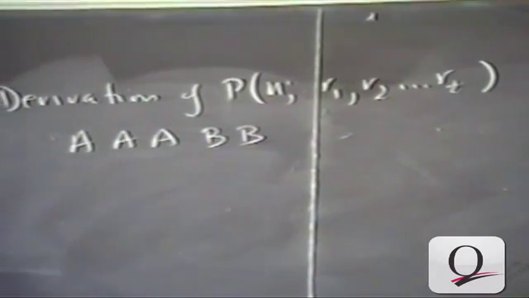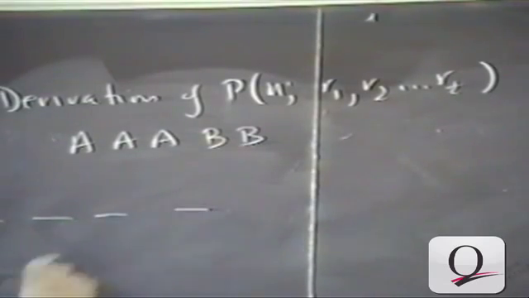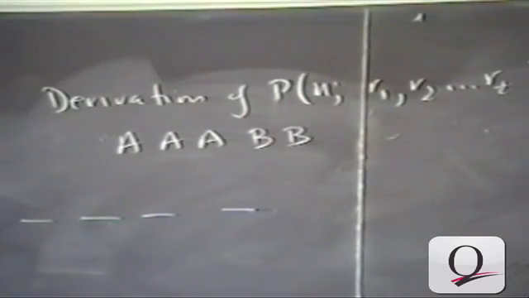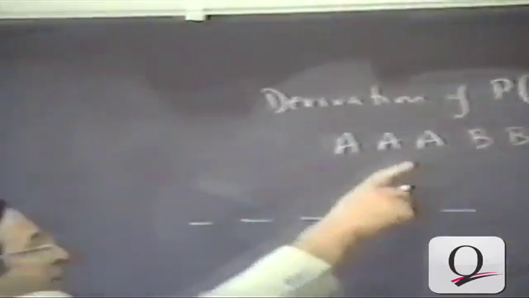One way to do it would be to see where I can place the A's. Once I place the A's, then the B's follow. I don't have to choose them anymore.